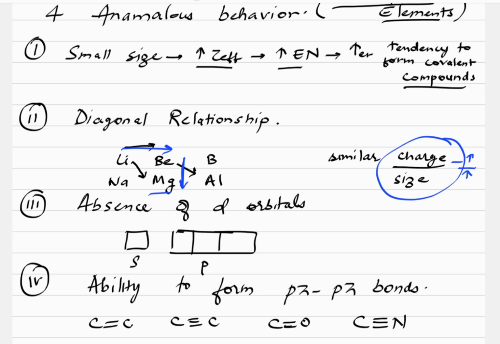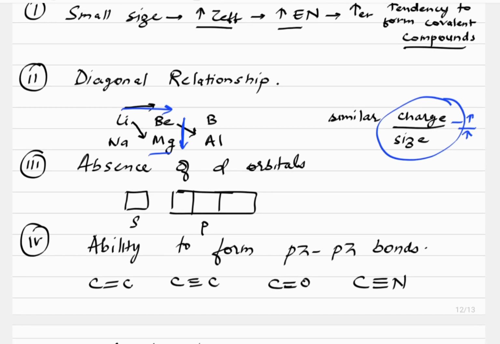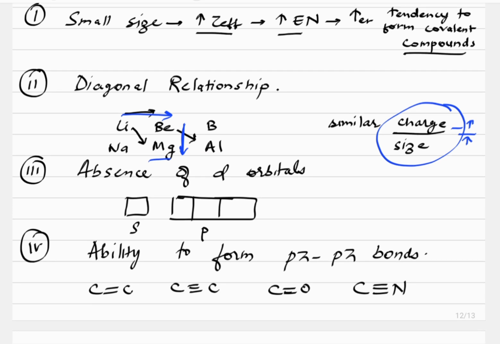Okay, next is that the second period elements do not have d orbitals. If they do not have d orbitals, that means they cannot make more than 4 bonds. The maximum number of bonds that they can form is 4. How?